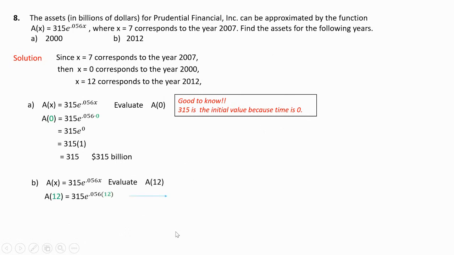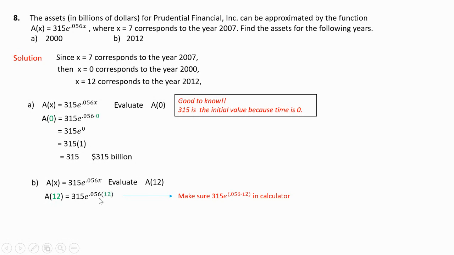A of 12. Now here, make sure that when you plug into the calculator, it's going to be like this, guys, because most students do this. When you use the E function or the base E, it gives you a parenthesis, and then most people just close it and multiply by 12, which is going to be wrong.